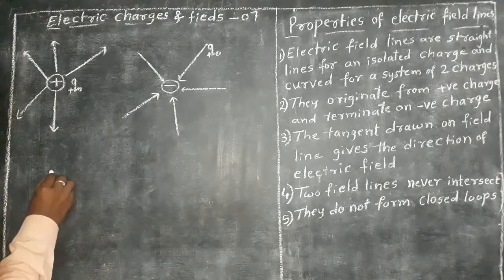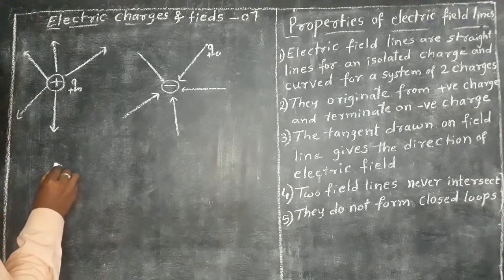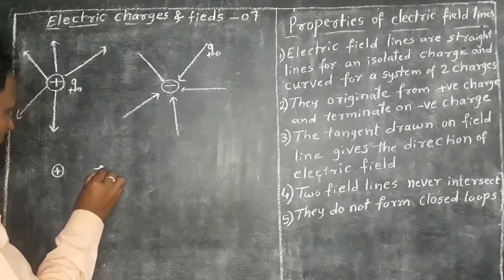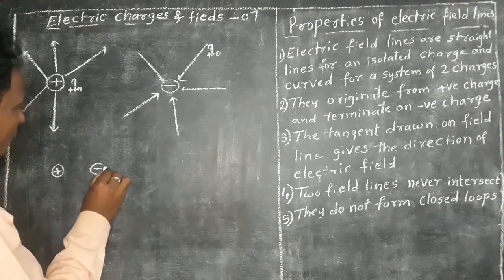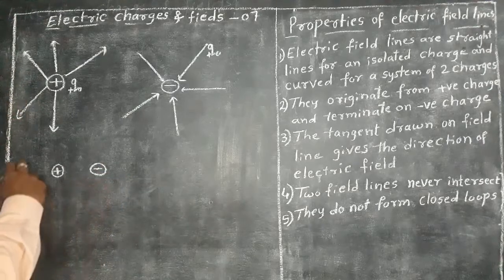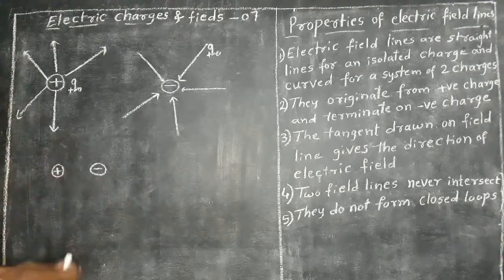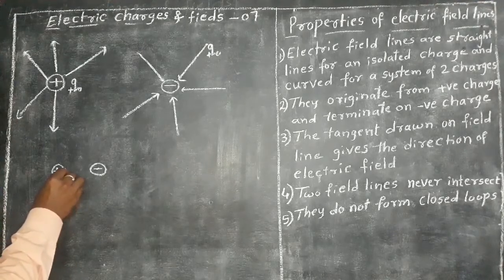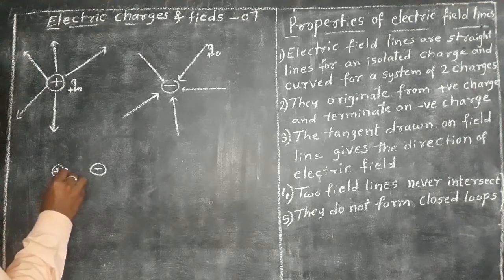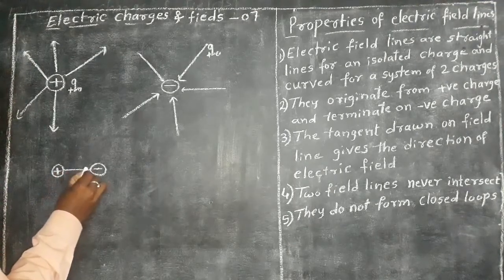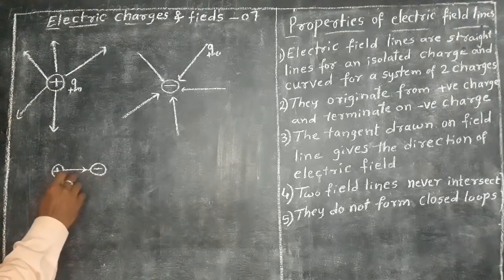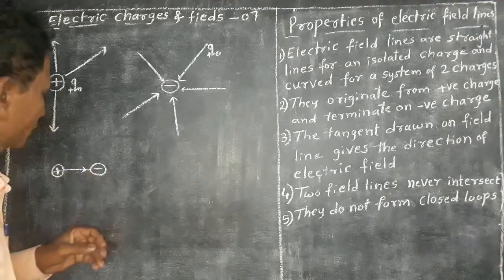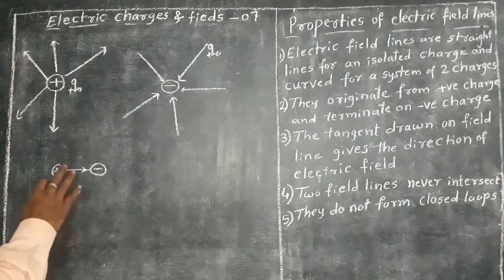Consider a system of two charges, positive charge and negative charge. These two charges produce electrical environment around them, and a test charge is placed near the positive source charge. It moves towards the negative charge. This is the path along which a test charge moves and is called electric line of force or electric field line.